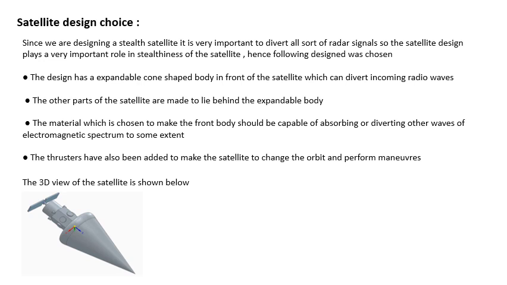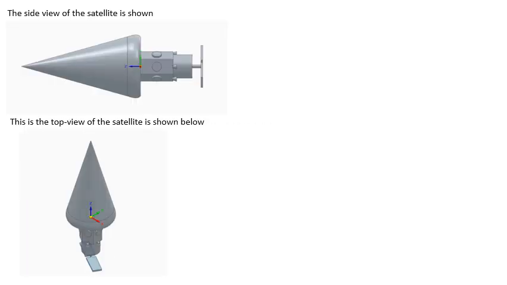These are the 3D satellite views which we have made. As you can see, the main body of the satellite is a hexagon, but in our calculations we have chosen it to be a cuboid for the ease of our calculations in the moment of inertia, which Prerit will be explaining in the next slide.